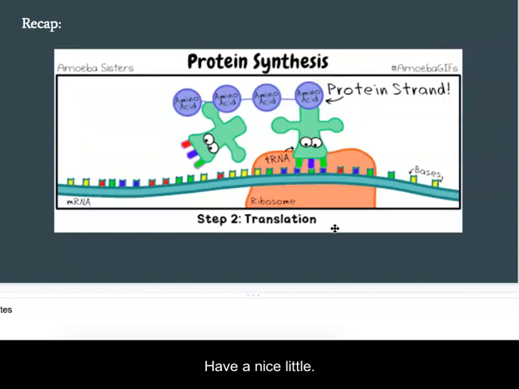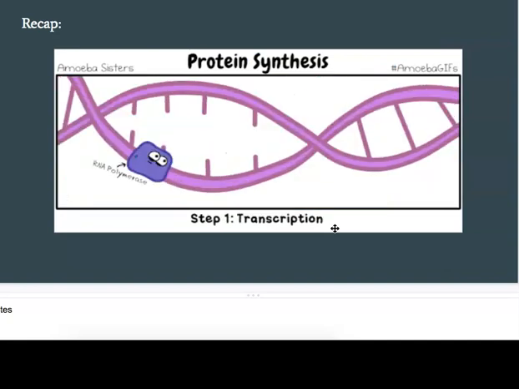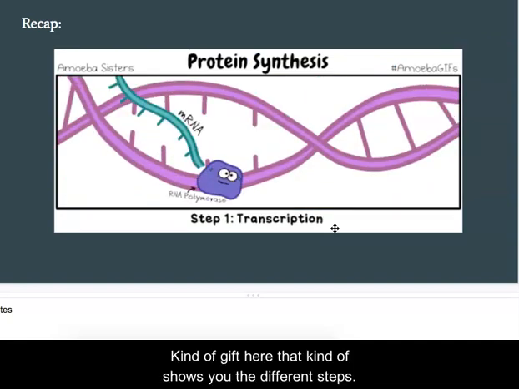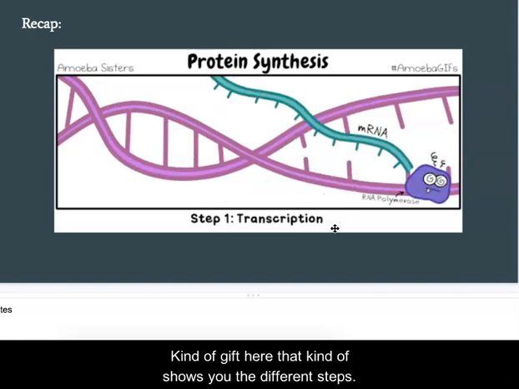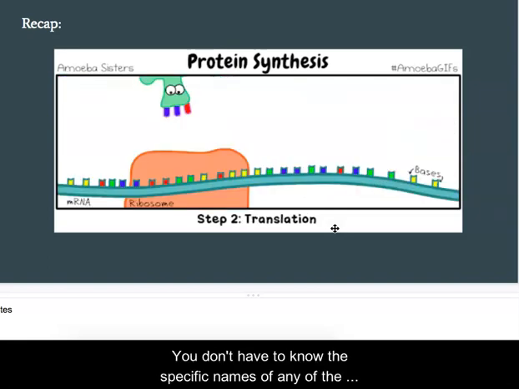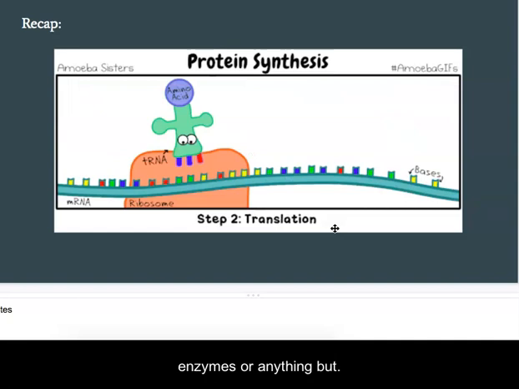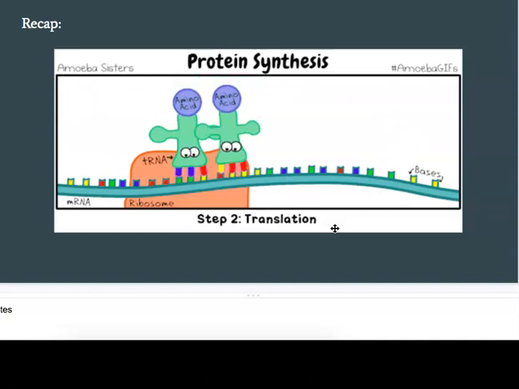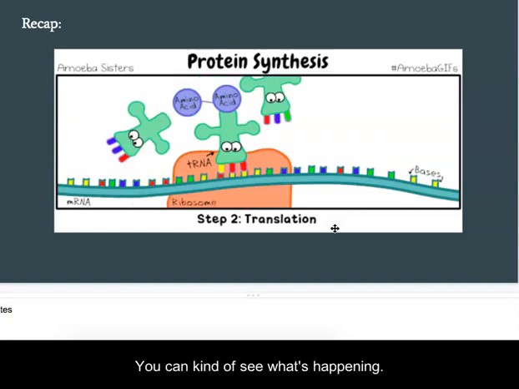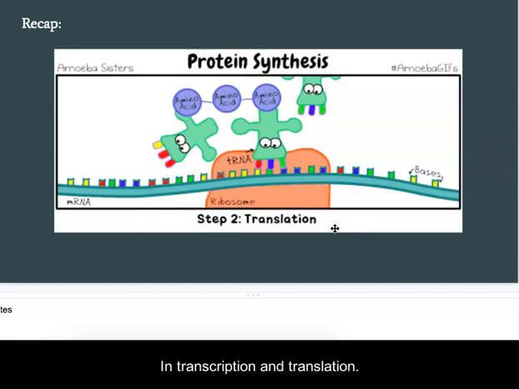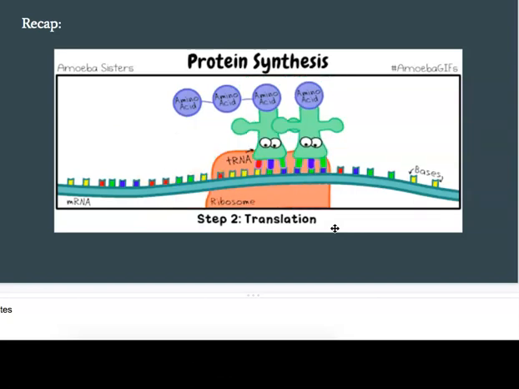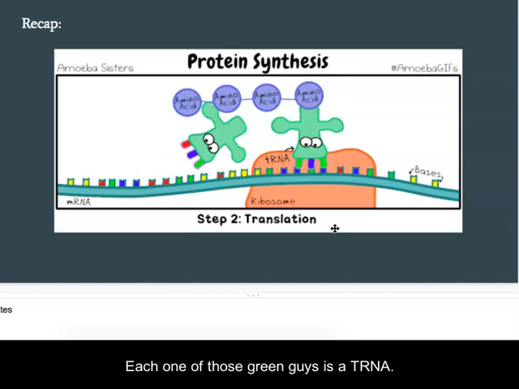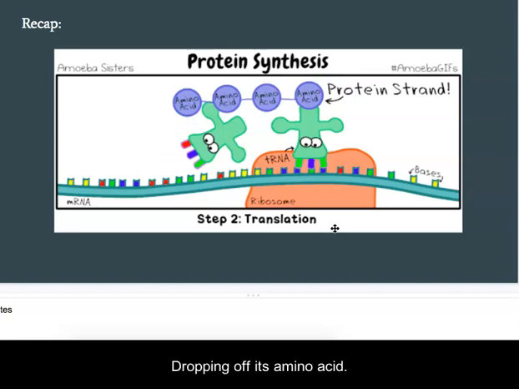I have a nice little GIF here that shows you the different steps. You don't have to know the specific names of any of the enzymes or anything, but you can see what's happening in transcription and translation. Each one of those green guys is a tRNA dropping off its amino acid.